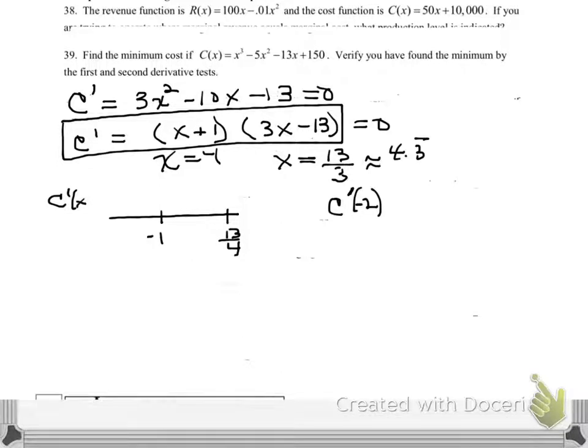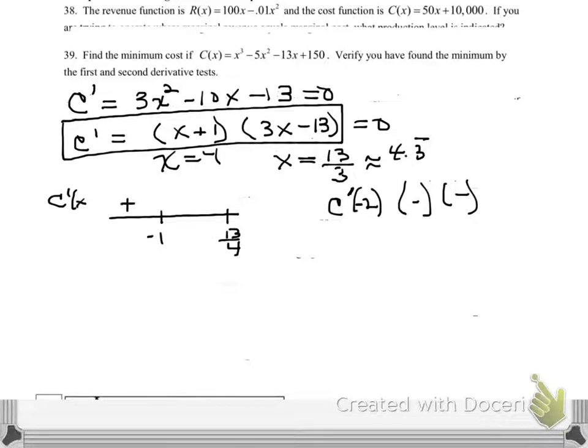So -2, I'm plugging it into the factors now. -2 plus 1 gives me a negative. Okay? Plug in negative 2 to 3x minus 13. So that's negative 6 minus 13. That's another negative. A negative times a negative is a positive.